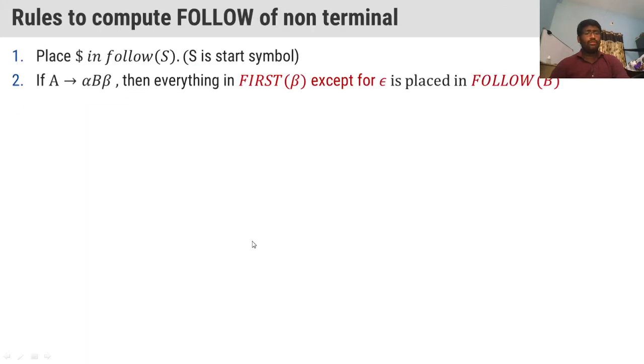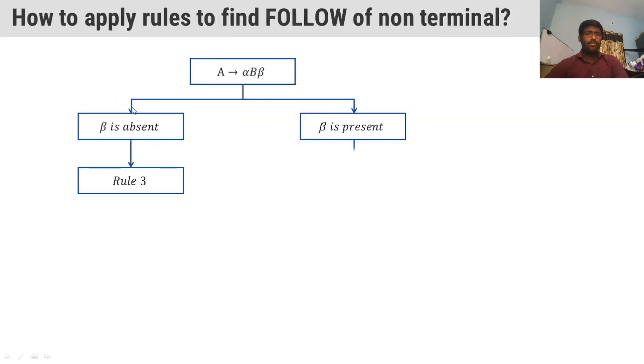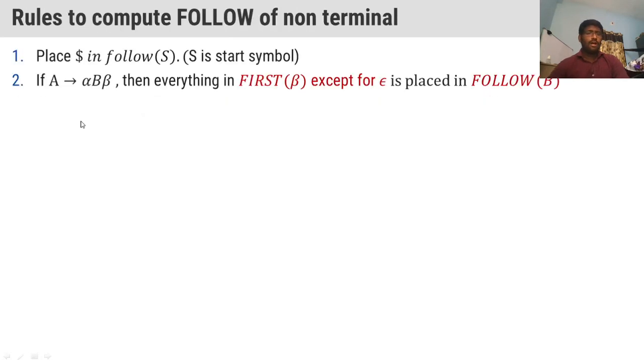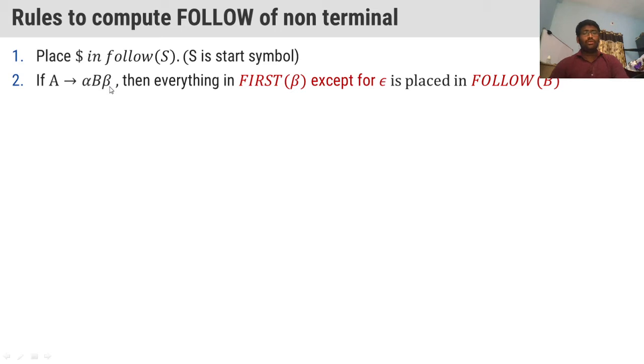What is rule 2? If the production is in the form of alpha capital B followed by beta, and beta is a terminal, we apply rule 2. Rule 2 is nothing but taking the first set of that symbol. If it is a terminal, we just take the terminal as it is.